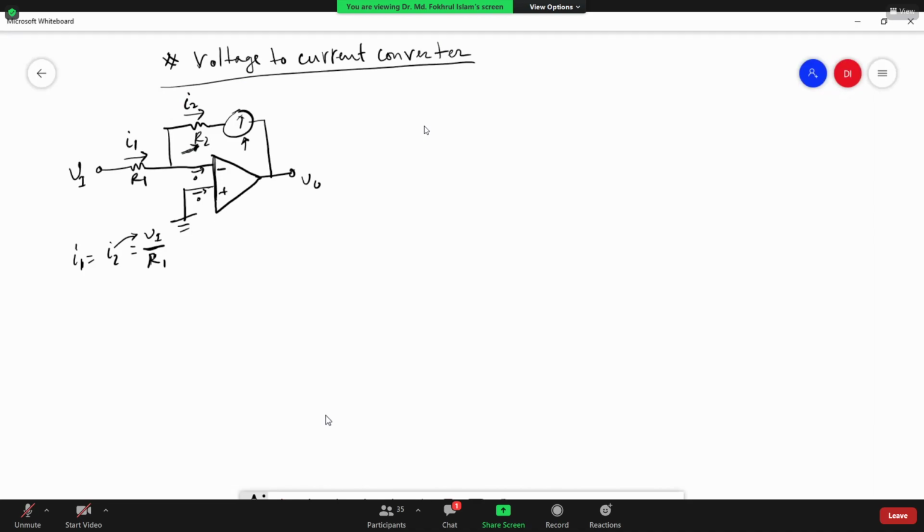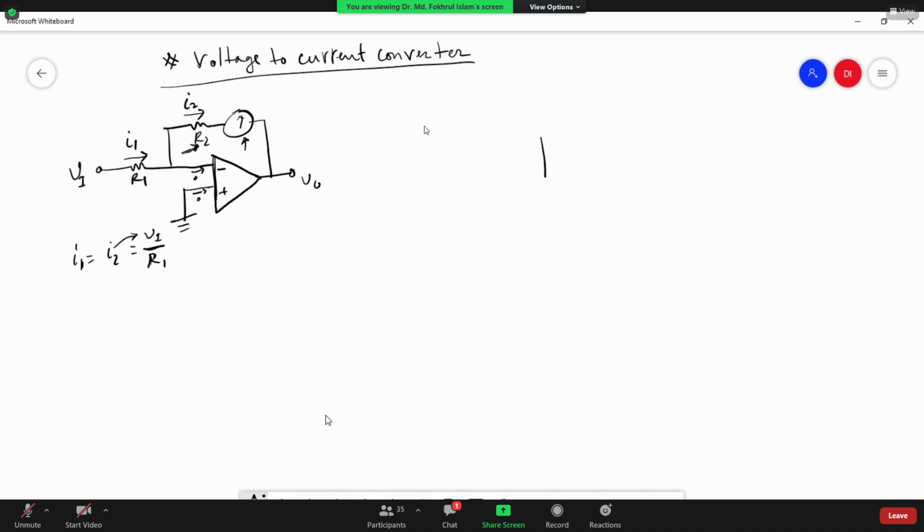But here one side of the load impedance is not grounded. So maybe we can reconsider another inverting circuit with the load connected to the ground, which is what happens practically.